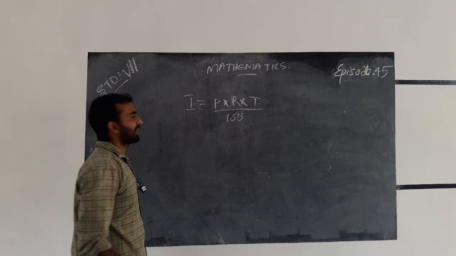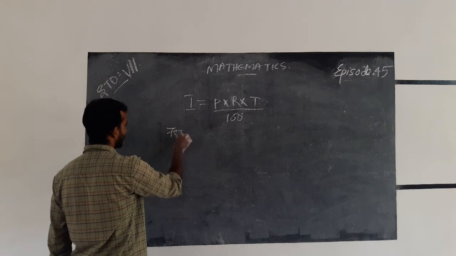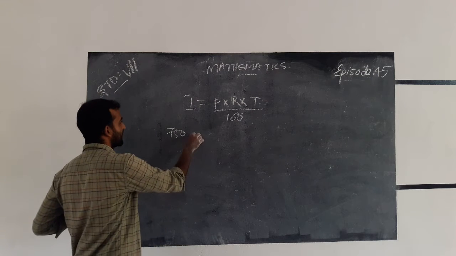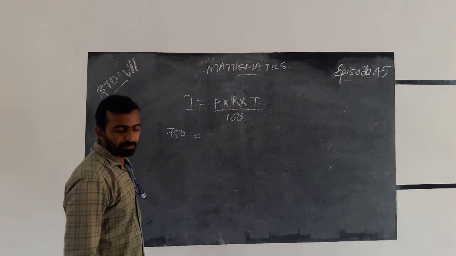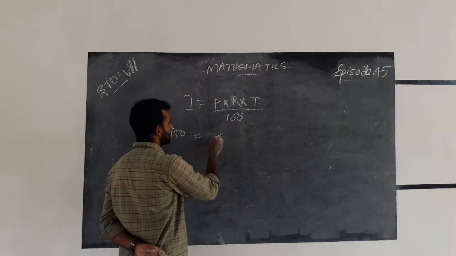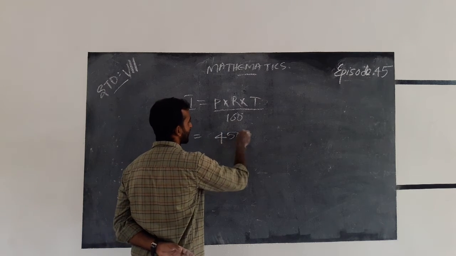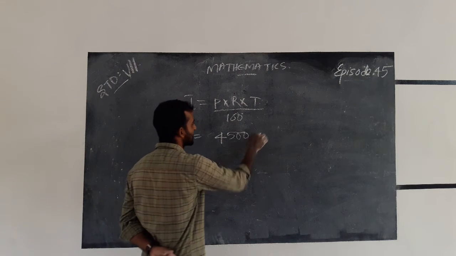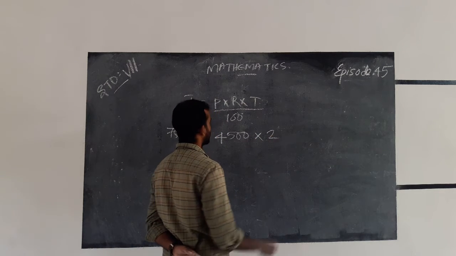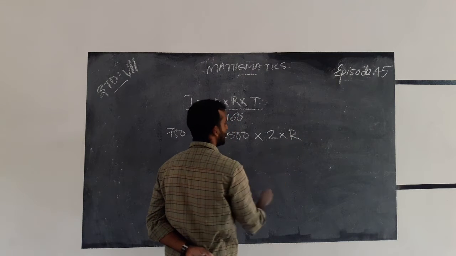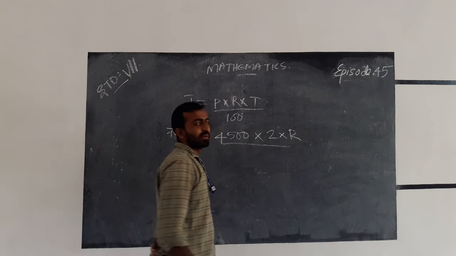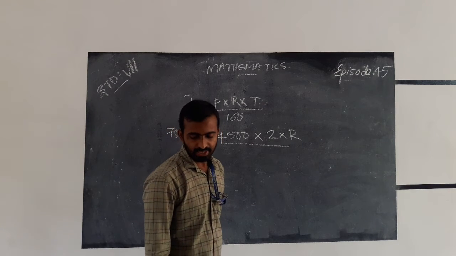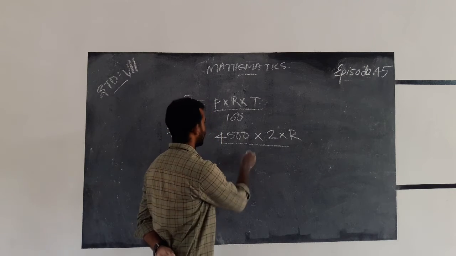Here the interest is 750, the principal amount is 4,500, the time is 2 years, and the unknown term is the rate of interest R, by 100.